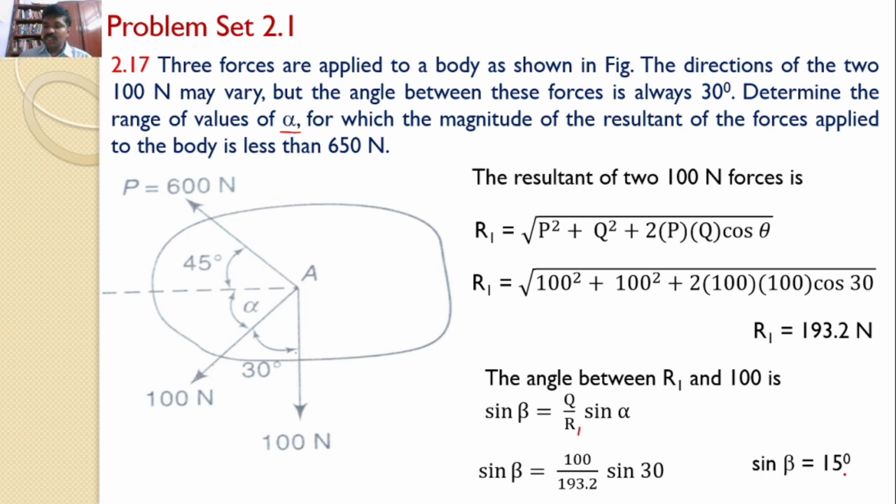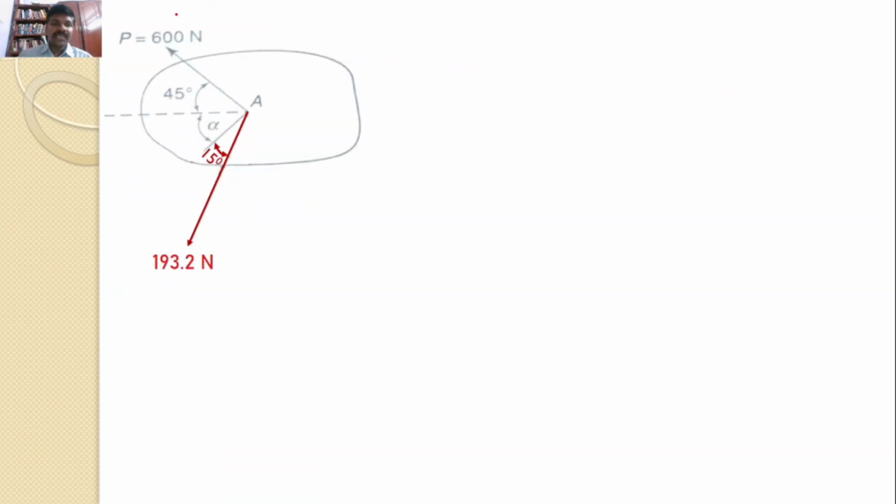Then I will get beta is equal to 15 degrees. That means I can replace these two 100 newtons forces with a single force of 193.2 newtons, which makes an angle of 15 degrees with this one.